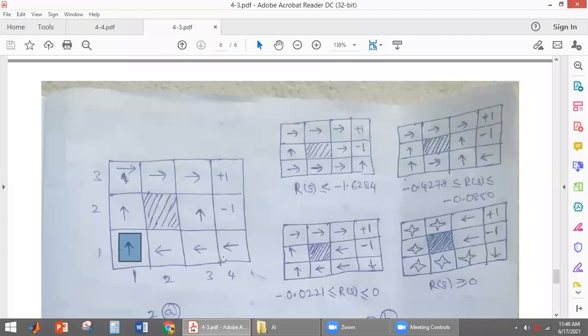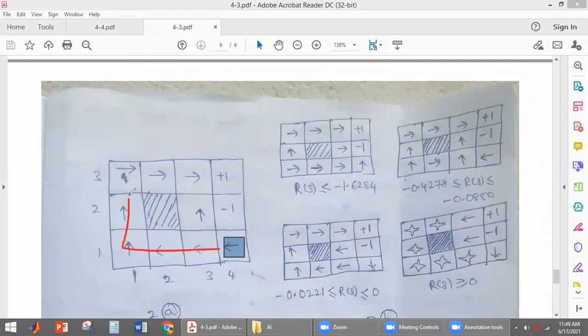For example, if the agent is at (4,1), these are the steps the agent will take to reach the +1 state.